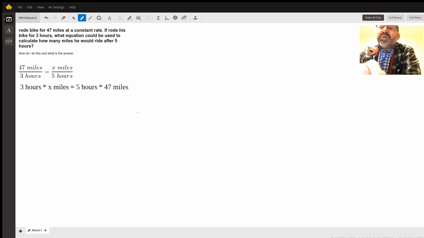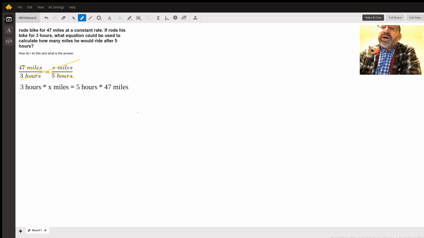I'm going to switch over here to my line tool just a second, and I'll pick a color that you can still see through. And remember, when we're trying to solve equivalent fractions, what we say is that the product in one direction, 3 hours times x miles, has to equal the product in the opposite direction, or 5 hours times 47 miles.